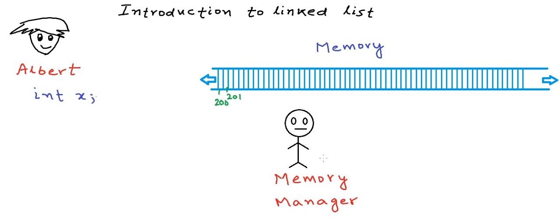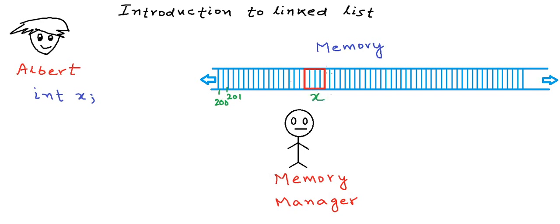The memory manager sees this declaration and he says that okay, you need to store an integer variable, so I need to give you 4 bytes of memory, because integer variable is stored in 4 bytes in a typical architecture. And let us say in this architecture it is stored in 4 bytes. So the memory manager looks for 4 bytes of free space in the memory and assigns it or allocates it for variable x.